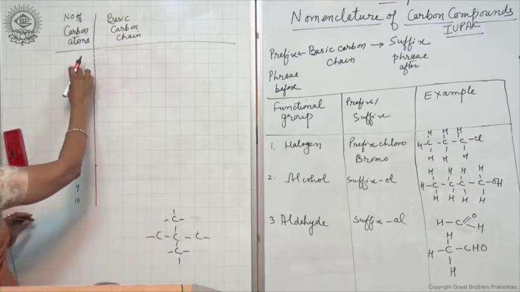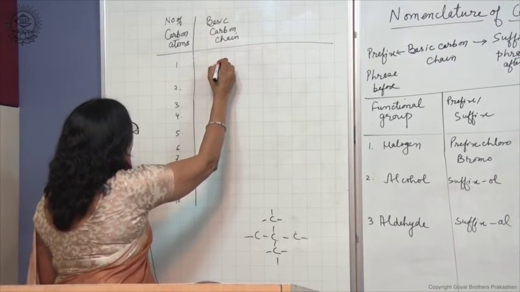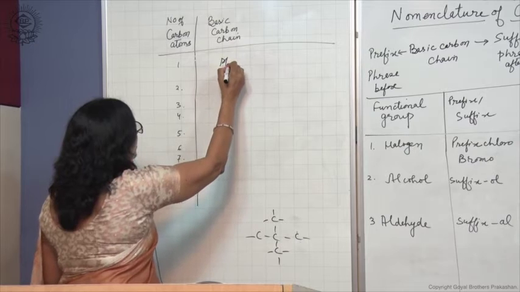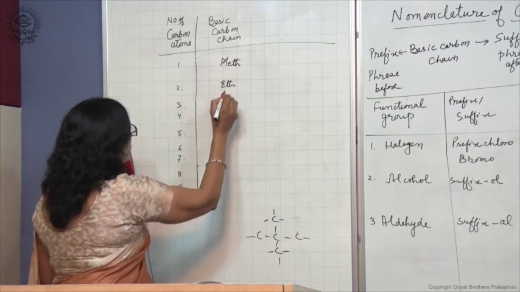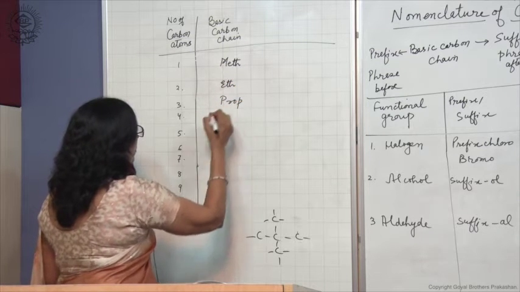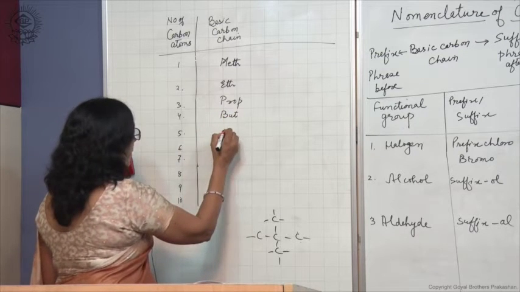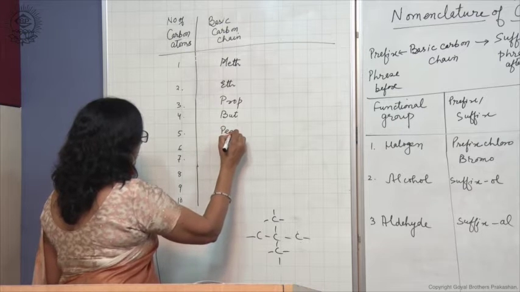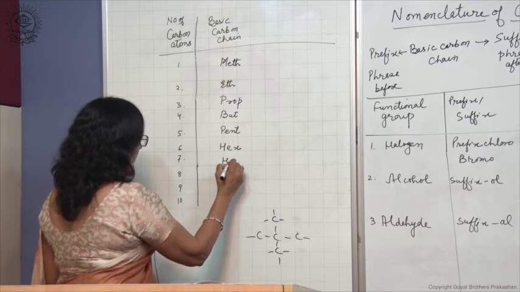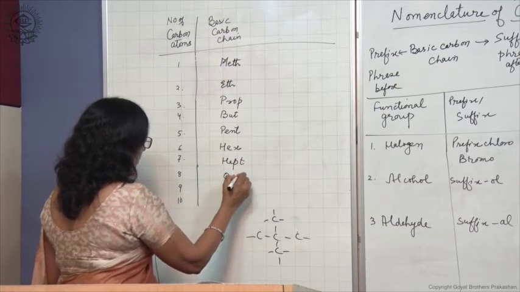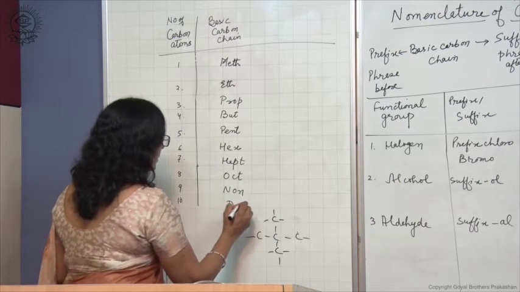If the longest straight chain has only one carbon atom, for the IUPAC name we will write meth; 2 carbon atoms, eth; 3 carbon atoms, prop; 4 carbon atoms, but; 5 carbon atoms, pent; 6, hex; 7, hept; 8, oct; 9, non; and 10, dec.